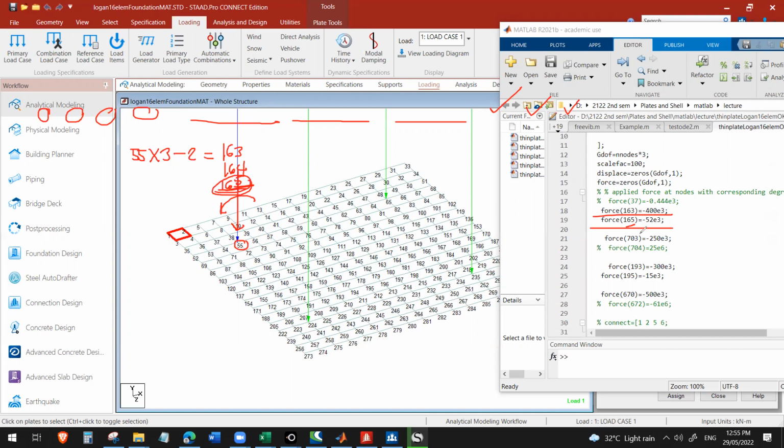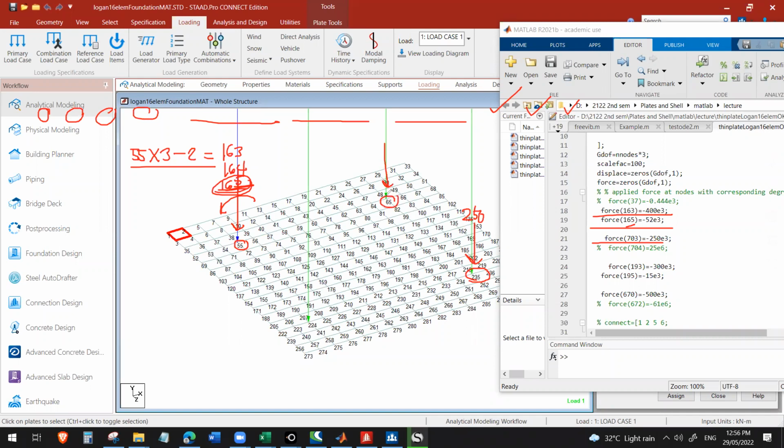Okay. How about 250? I think 250 is here. Ito. So 250. So ang DOF niya ay, this is node 235. So same formula, no? 235 times 3 minus 2, 703. Yeah. So it's the same, 703. Next, 300 kilonewton here.